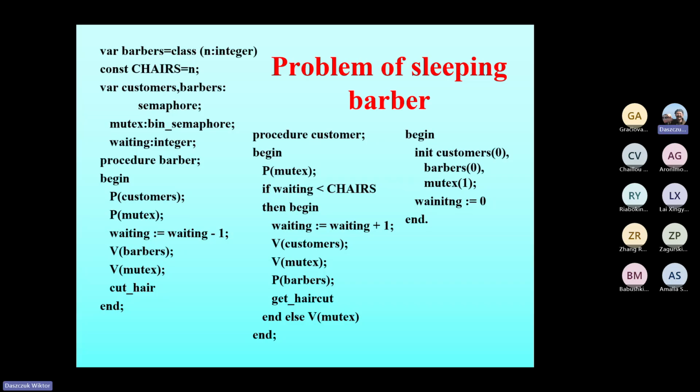Let's look at the variables. We have customers. This is the semaphore on which the barbers wait for a client. Because it can happen that a barber comes to the barber shop and no client is in.